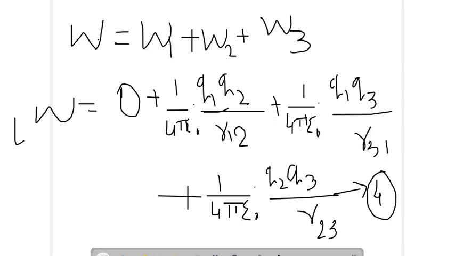Now if you resubstitute the values, the equation will become 1 by 4 pi epsilon naught, which is common over all the terms. Am I right or not?